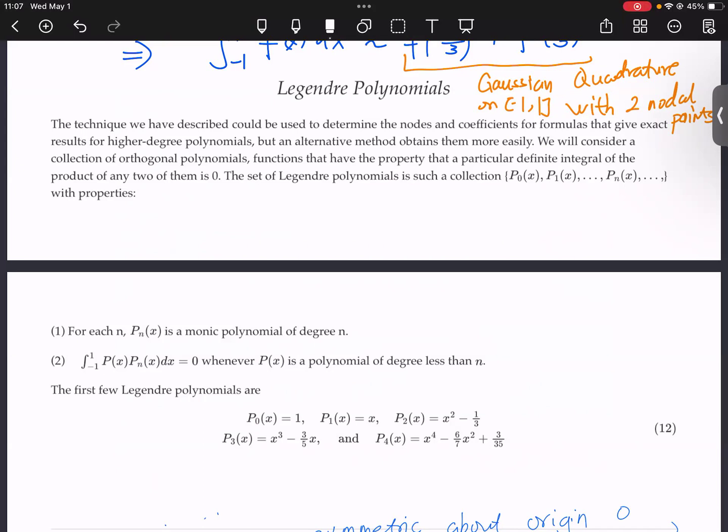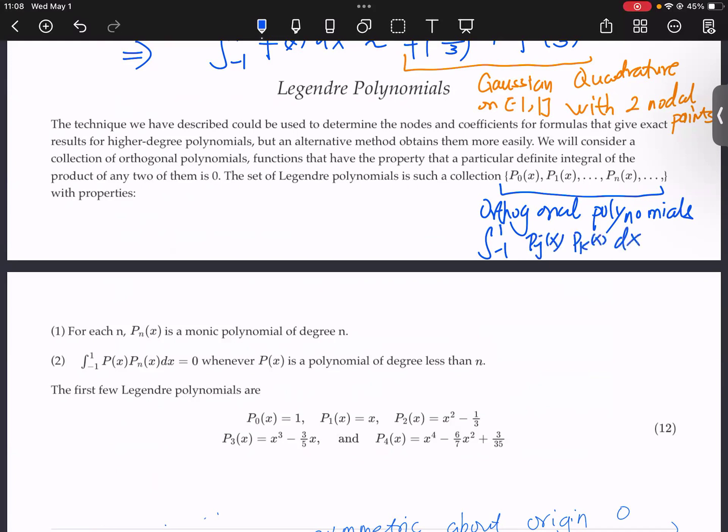What is the definition of orthogonal? There is an inner product, or integration, which means that they are an orthogonal set of functions: the integral of the product of P_j(x) and P_k(x) equals 0 when j does not equal k.